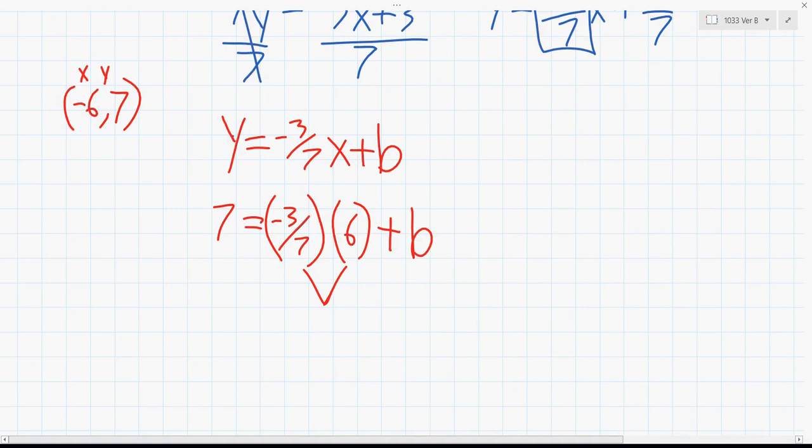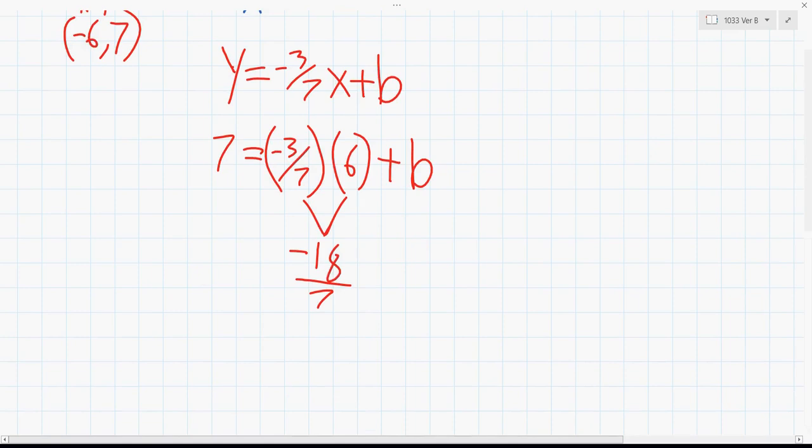Negative 3 divided by 7 times 6 is negative 18 over 7. Actually, since it's times -6, it's a positive 18 over 7 plus b equals 7.